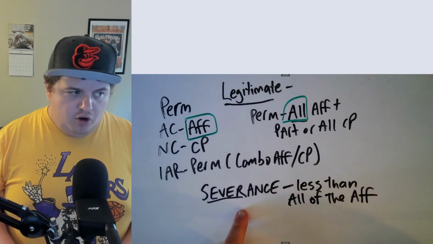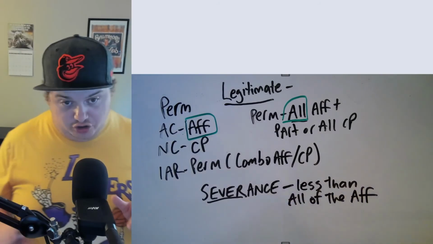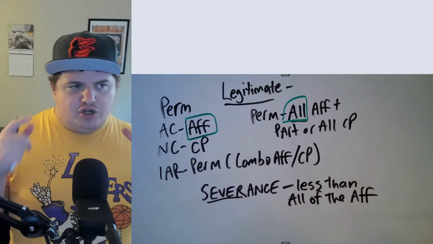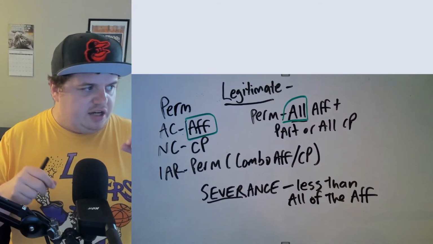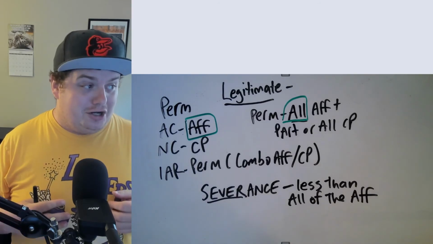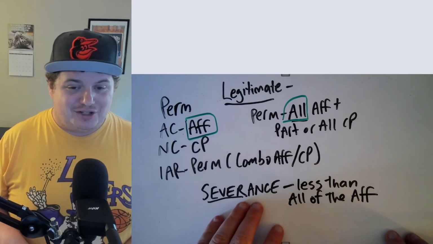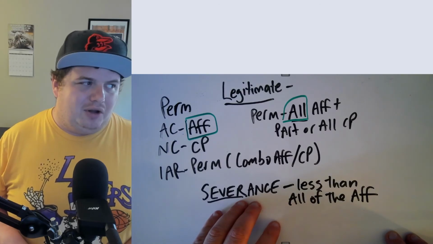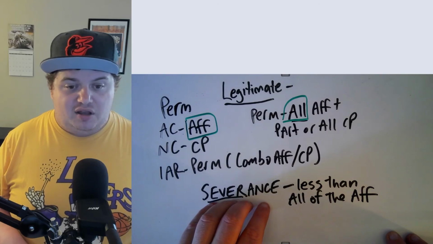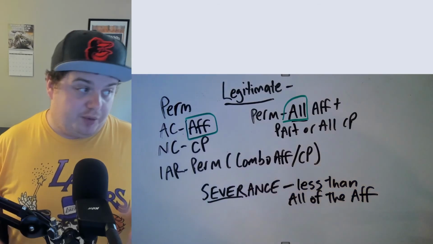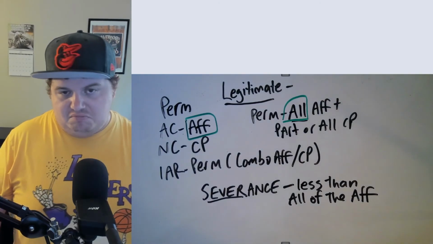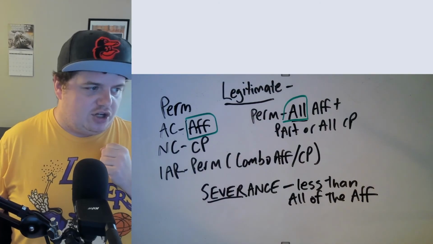Lots of people will accuse permutations that aren't severance permutations of being severance permutations, so it's important to know this distinction so you can correct or call those people out. But a lot of permutations are severance permutations, and a lot of people just think that if they make the argument that severance permutations are bad, which would be a theory argument, that if you would go for that permutation, you would lose the debate.